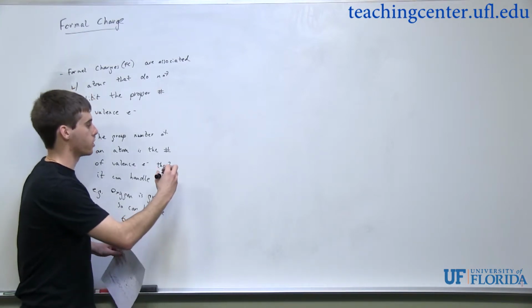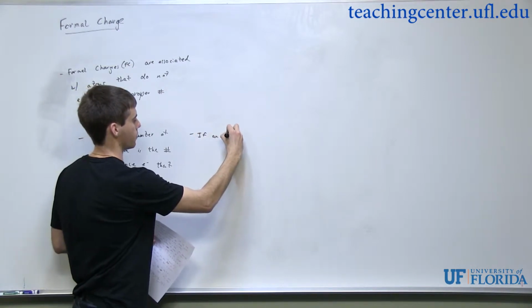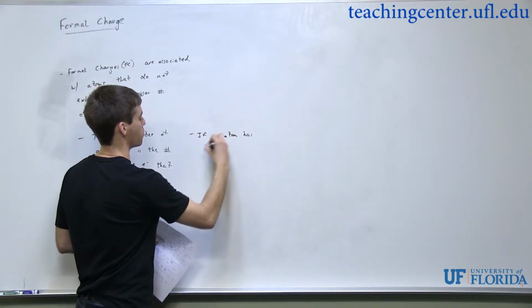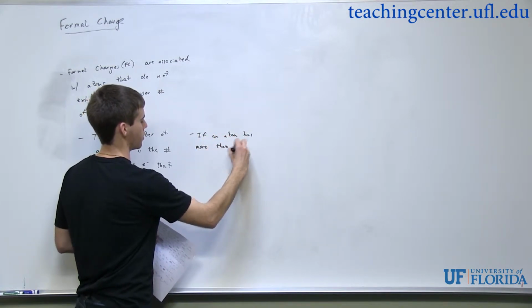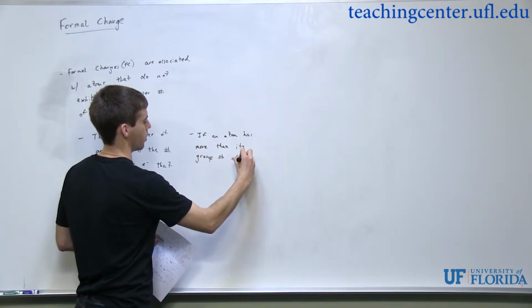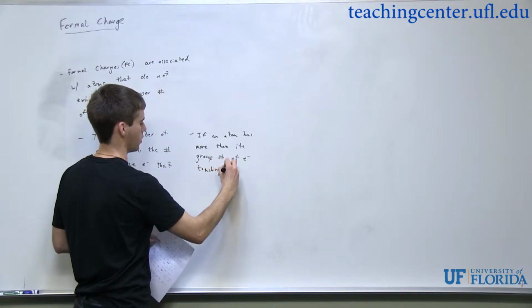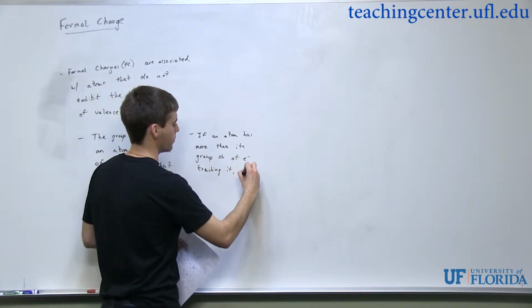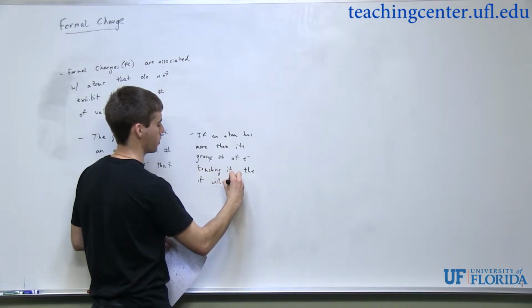As a generality, if an atom has more than its group number of electrons touching it, then it will have a negative formal charge.